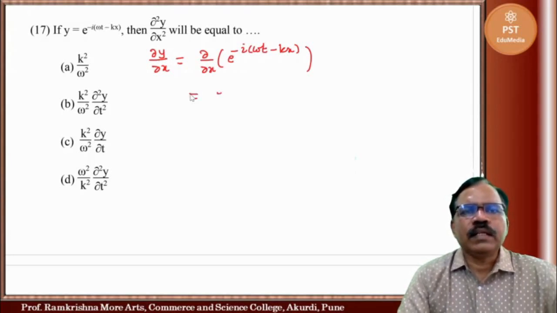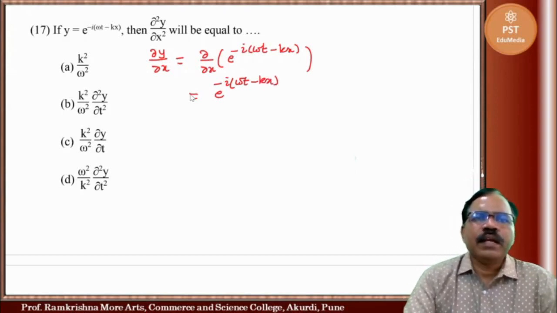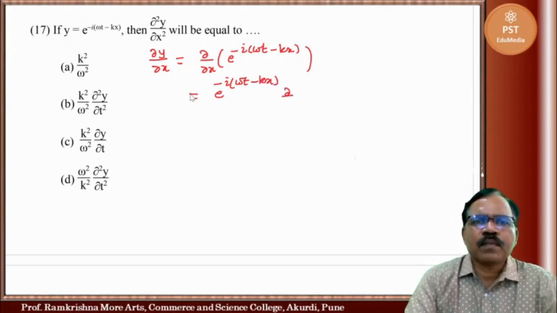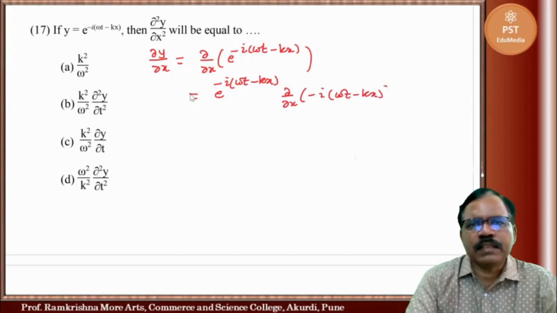So you will get e raised to minus i omega t minus kx into the derivative of minus i in bracket omega t minus kx.